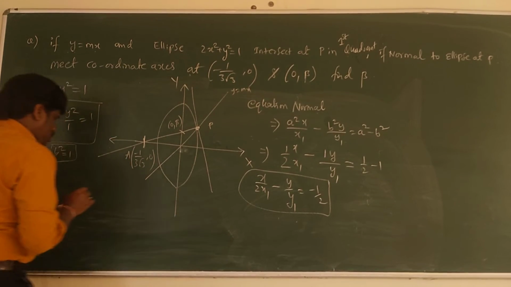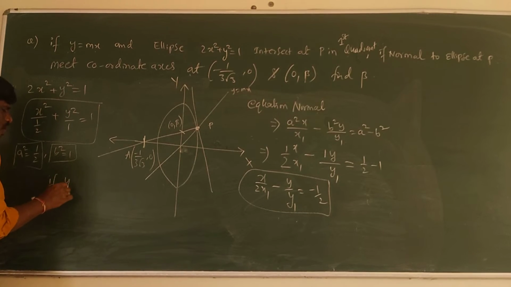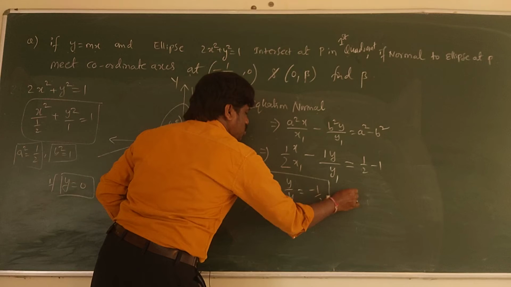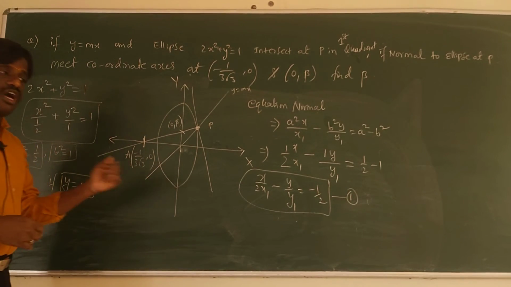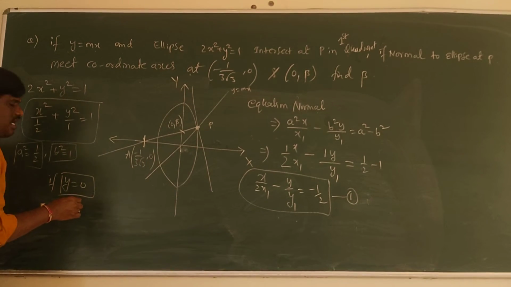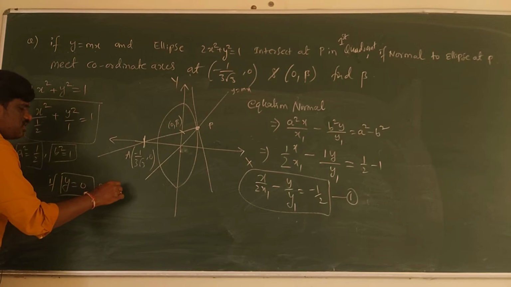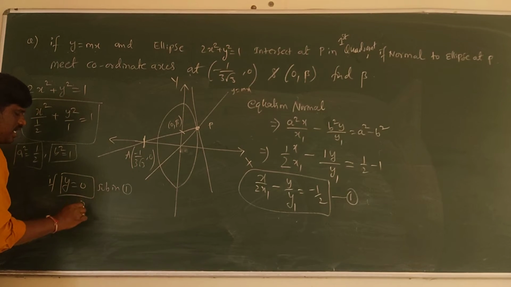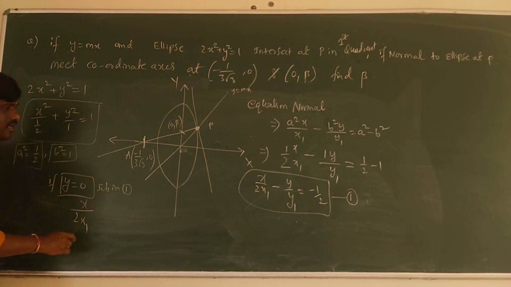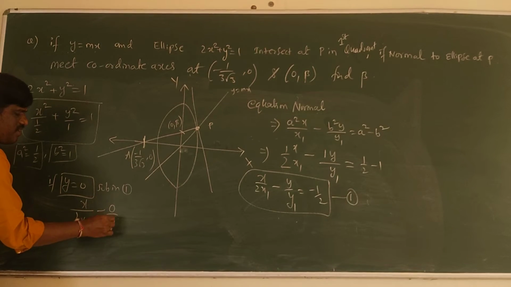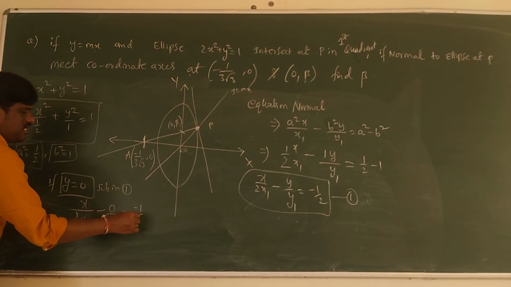So if I substitute y is equal to 0 in the given normal equation, what I am going to get here is x upon 2x1 minus 0 upon y1 is equal to minus half.